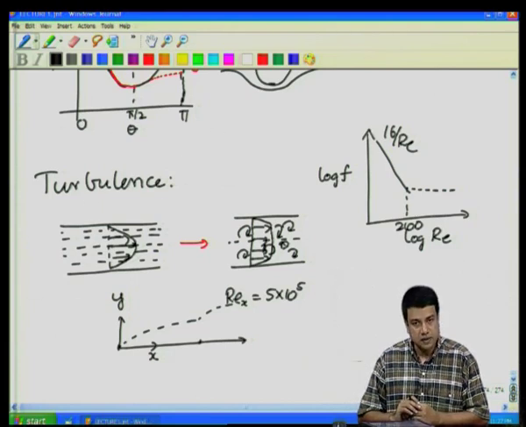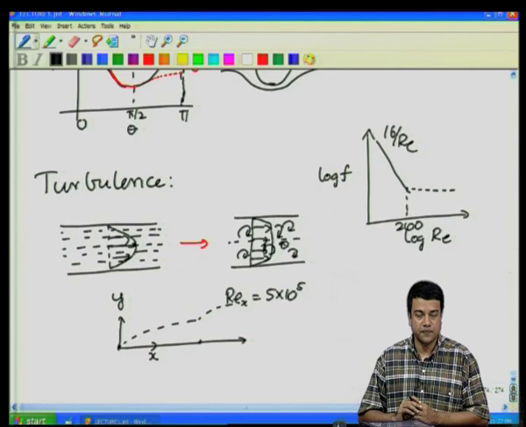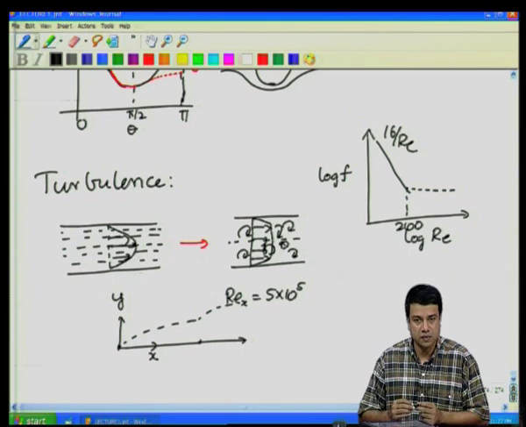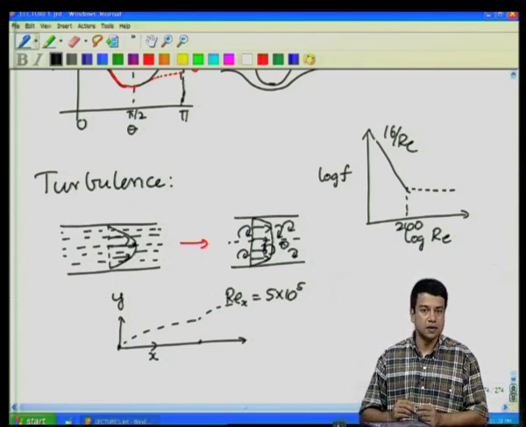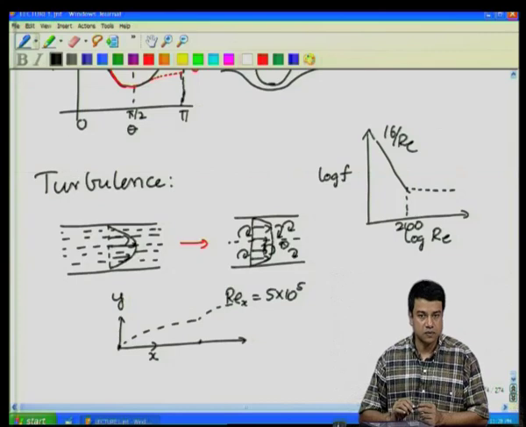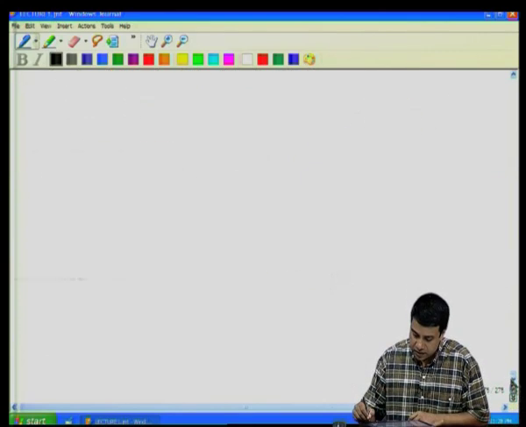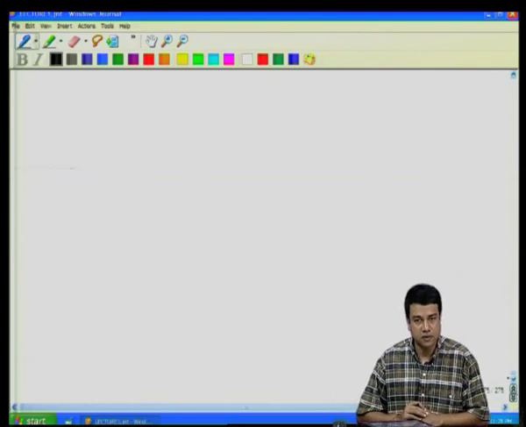In all of these cases, it is not that the laminar profile is no longer a solution of the equations. A similar thing happens, for example, when you heat a fluid from below, there is an instability because of the density gradient. Similarly, in the case of rotating fluids, you find an instability which leads eventually to turbulence. In all of these cases, it is not that the laminar velocity profile is no longer a solution.